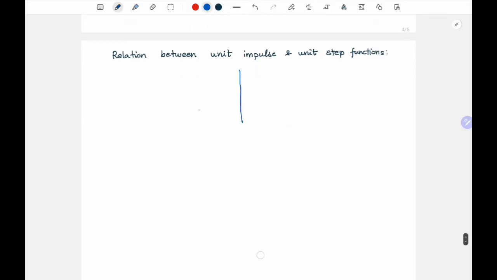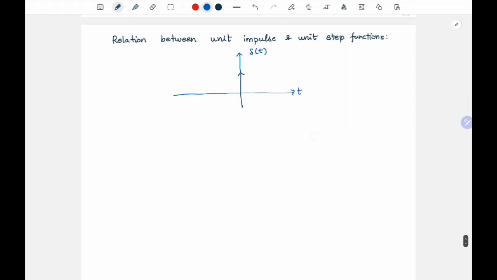So you have the unit impulse delta of t. And what is the unit step? It is going to be 1 here, t, u of t.